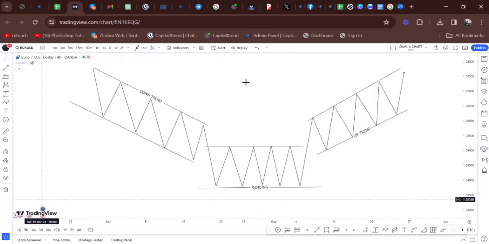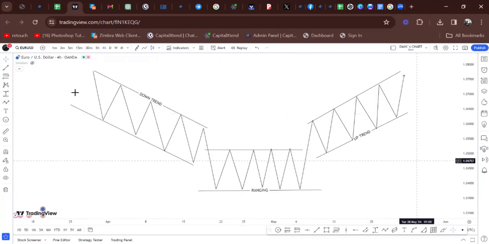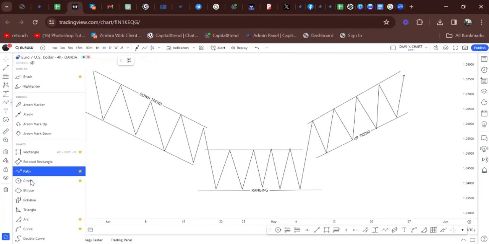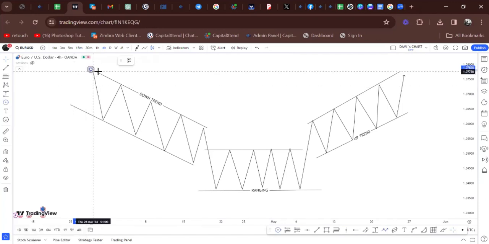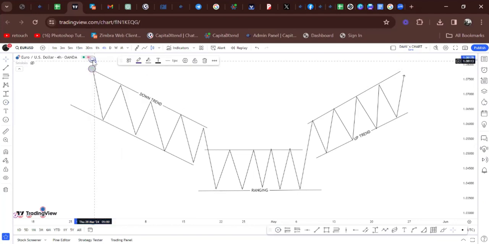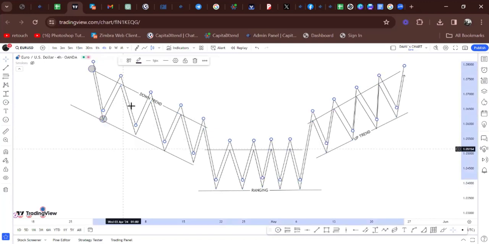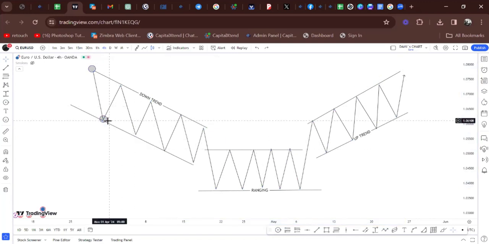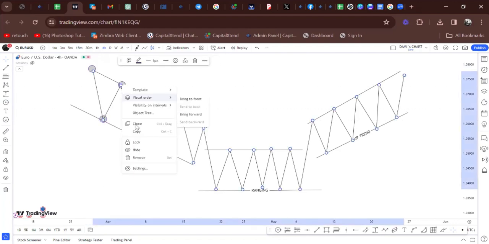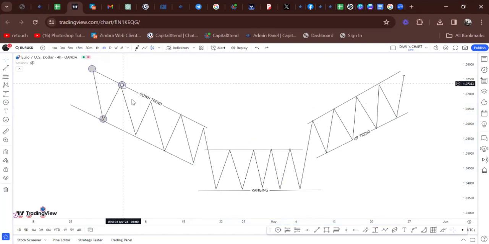Okay. Now we have this structure clearly in the market, right? We have a downtrend. Let's start from the downtrend. Now we have this high, we have this low, we have this high, we have this high, we have this low.